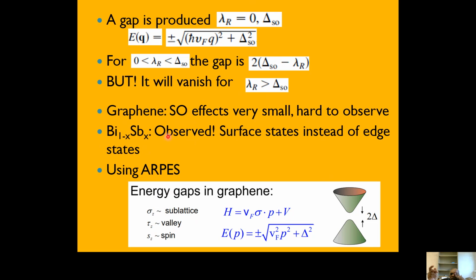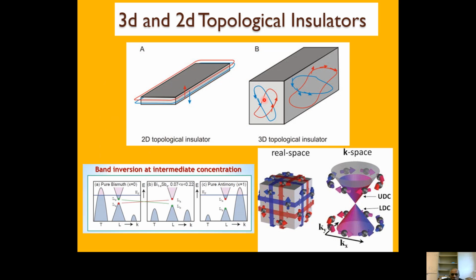If you have three-dimensional topological insulators, we are talking about surface states. But if you go to two-dimensional materials, mostly we are talking about the edge states. So here, that's what I was talking about. This is the three-dimensional topological insulators.